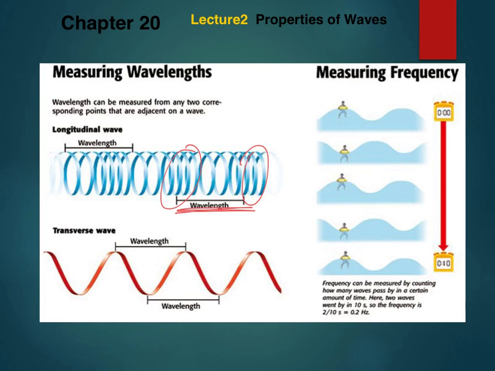And as far as the transverse wave goes, you look at the top of the two crests, or the bottom of each trough, either one. So the distance between the two crests gives you your wavelength, all right? And you can see the frequency here, right? You can see how many waves pass this swimmer in 10 seconds. That could tell you the frequency of those water waves.